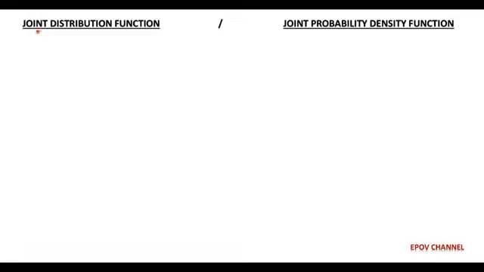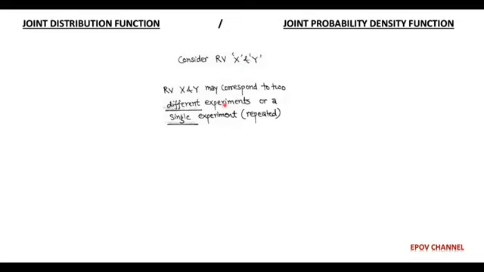Next, we discuss the joint function corresponding to CDF and PDF. So, CDF with joint probability is called joint distribution function, and PDF with joint probability is called joint probability density function. To explain these joint functions, we consider two random variables x and y. These random variables x and y express two different experiments, or it may be a single experiment repeated twice.